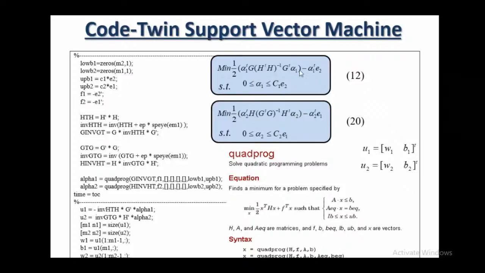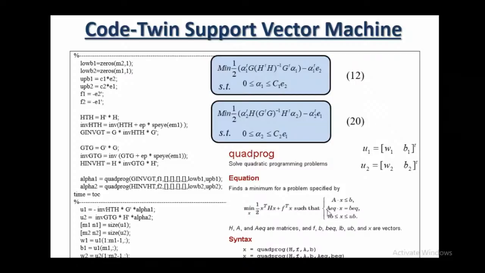So you can write it as minus E2 transpose, that will be your F, and this is your X. And if you notice, this particular inequality is absent in your case. So A and B will be absent, and there is no equality, so A2 and B2 are also absent.